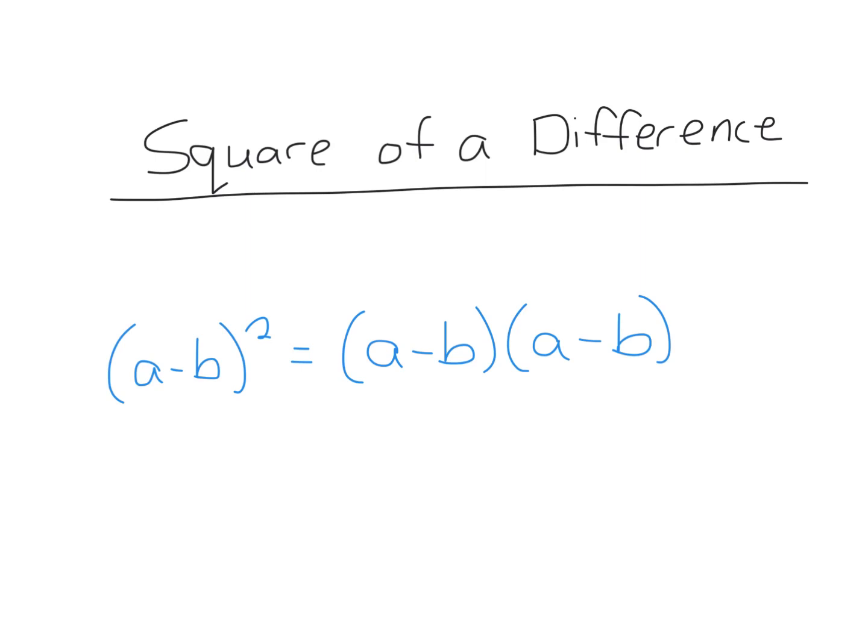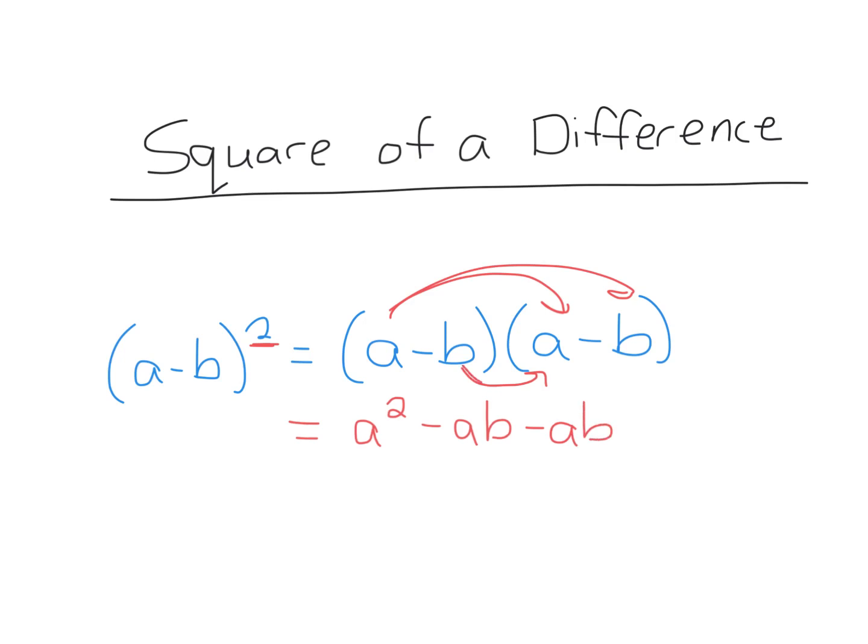So I have a minus b to the second. So that power means I'm going to write it out 2 times. And then we can FOIL. What's a times a? A squared, a times b. AB, but it's negative this time, and then we have negative b times a.